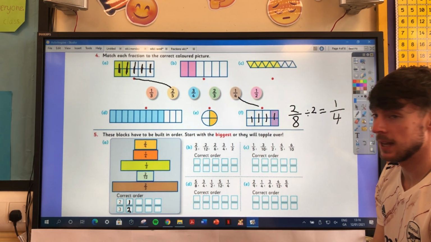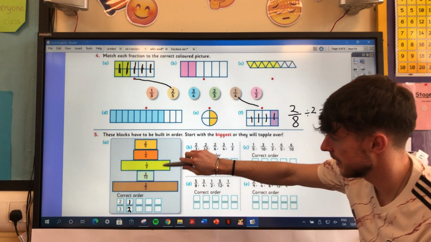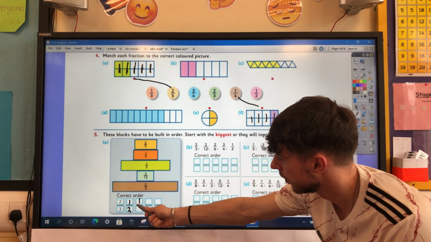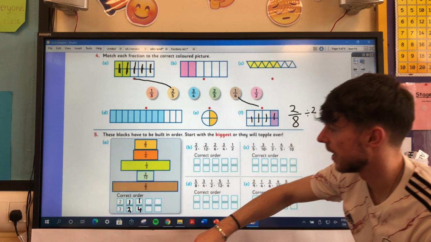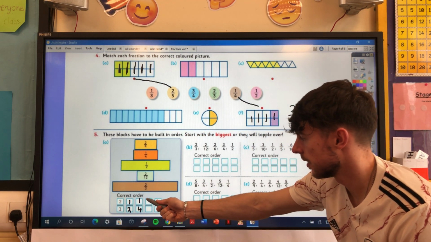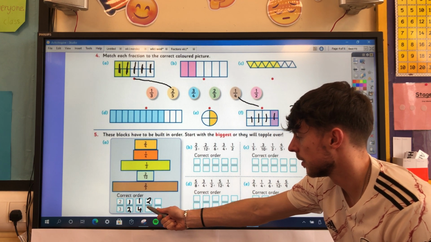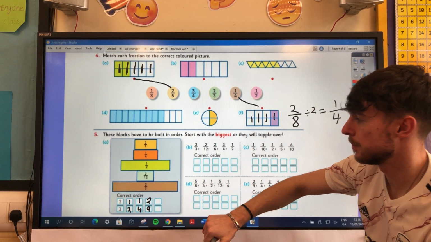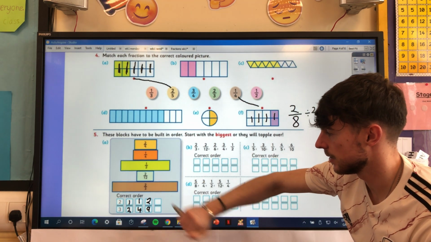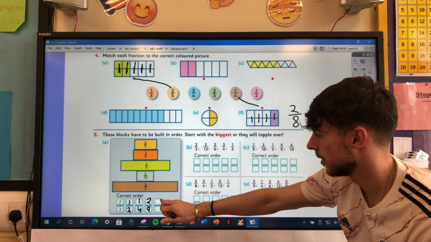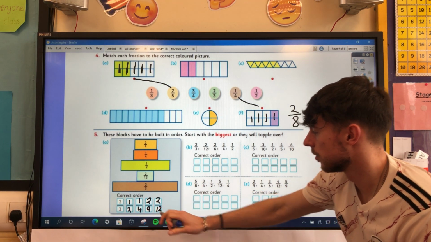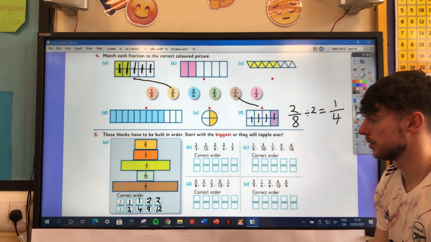And the next biggest after that is 1 over 4. And the next biggest after that, 2 over 9, isn't it? And then the next smallest after that is 2 over 12.